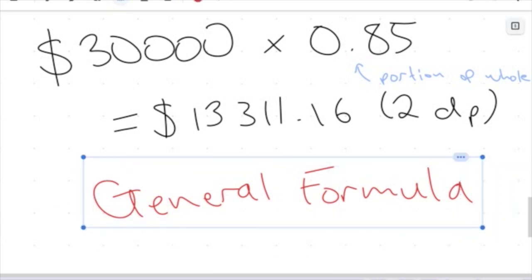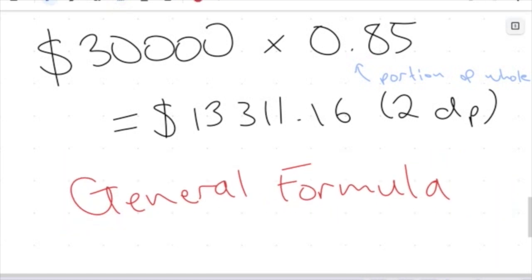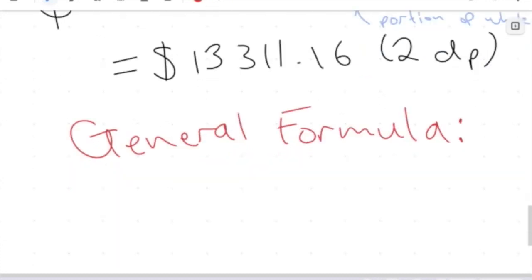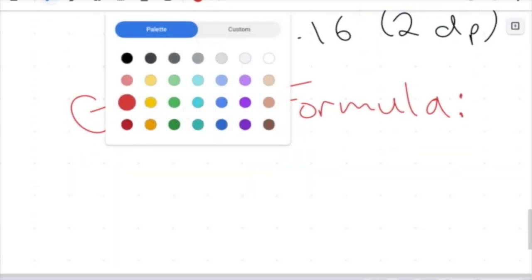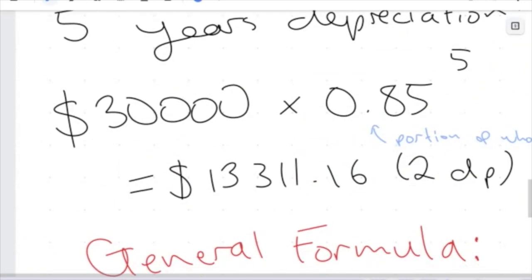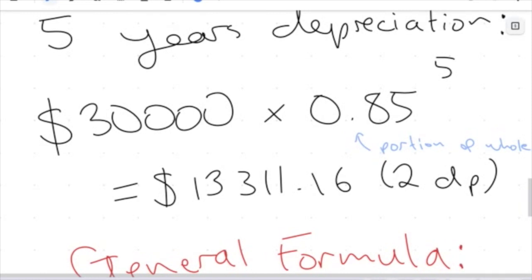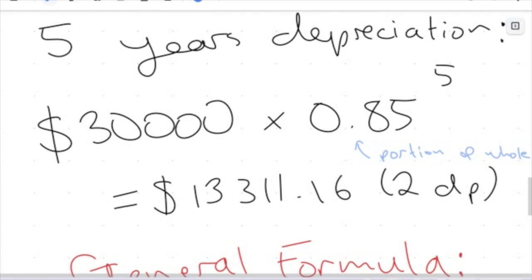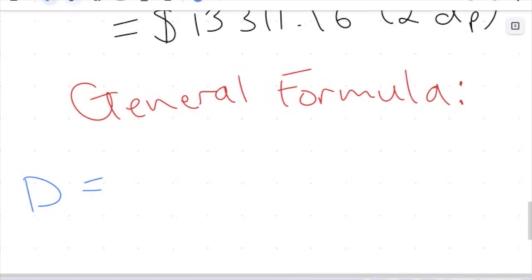So this general formula, let's look at what I did. My depreciation, let's just call it D for the depreciated value, equals, well, let's look at the actual maths that we carried out up here to find the 5 years depreciation. We took the original amount. From compound interest, you may remember this had a name.